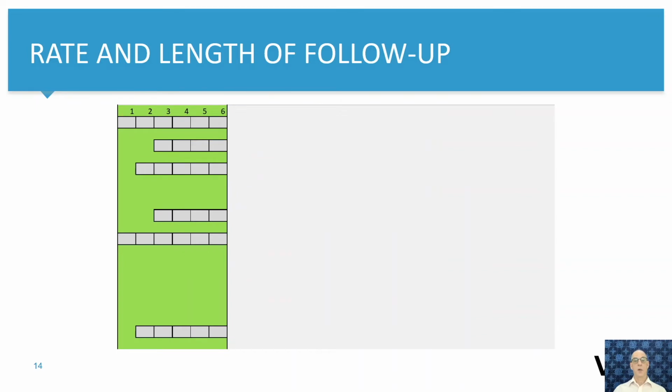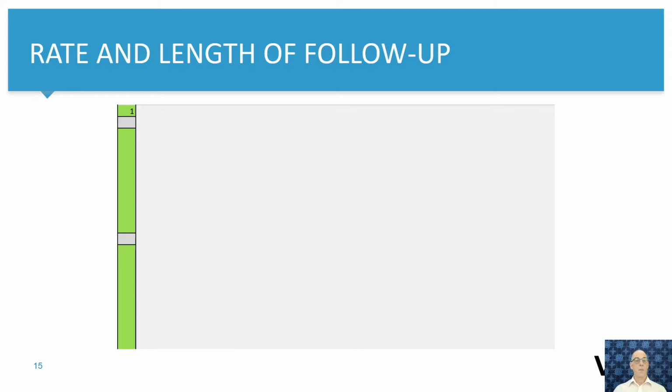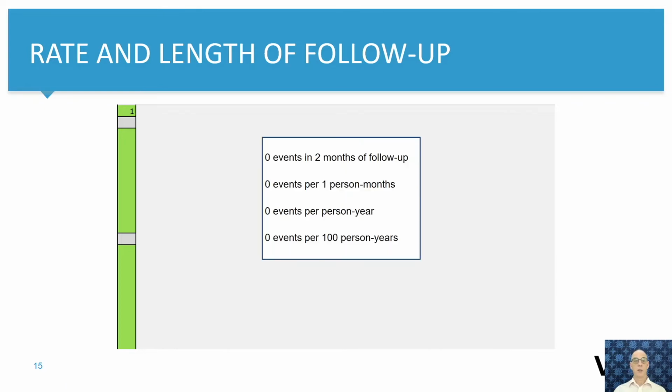And the same holds true when I look at only the first 6 months, because there my rate is actually 0. There are no events. If I look at 1 month of follow-up, it is still 0 because there are no events.